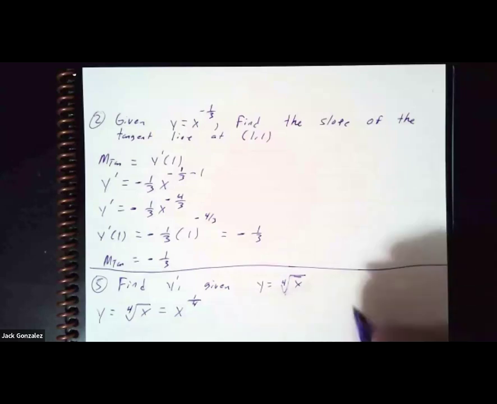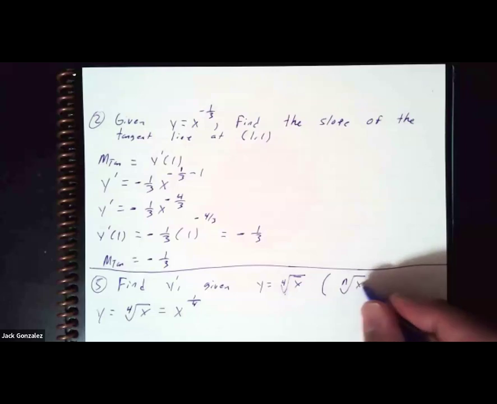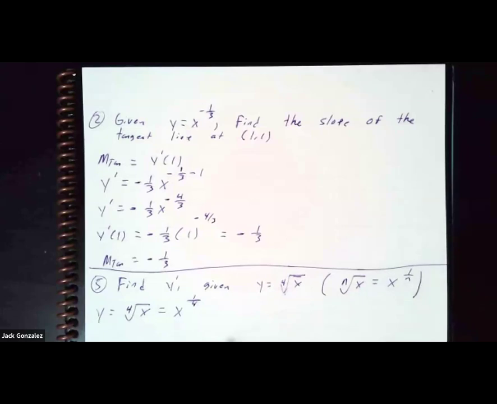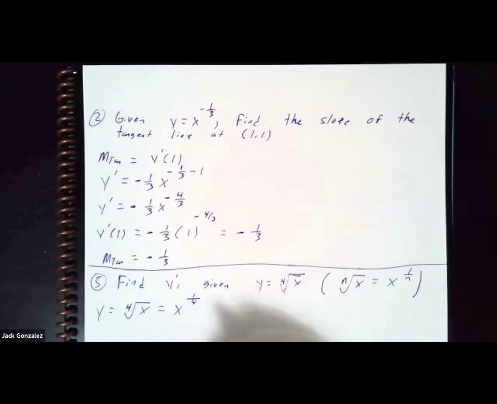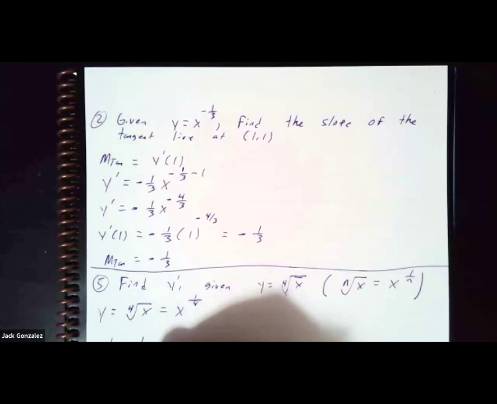So remember that nth root of x is equal to x to the 1 over n, right? So change the 4th root into this, because this is a power function. So that means you can just take the derivative, which tells you to bring down the power and subtract 1. 1/4 minus 1, negative 3/4, right?